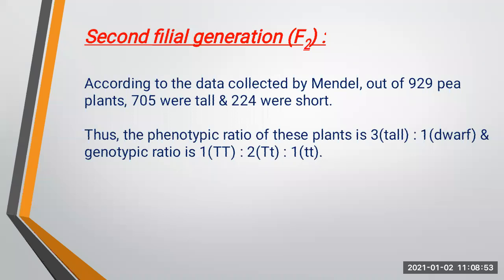That is 1 purely homozygous, that is pure tall plant, 2 heterozygous tall plants. These are tall plants, but these are heterozygous. They have the characters in them for recessive also. And one is purely dwarf plant. Right?